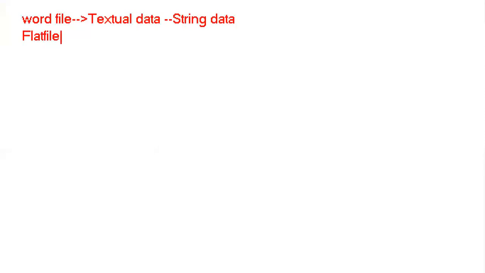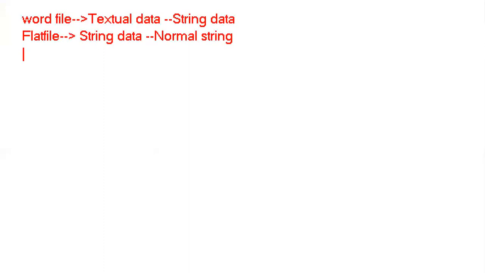This is important. When you work with files in the IT industry, whatever it may be, the ETL tool, anything, a file. If it is a Word document, your resume and all, it is purely textual data. In the case of a flat file, the data is string data, normal string.